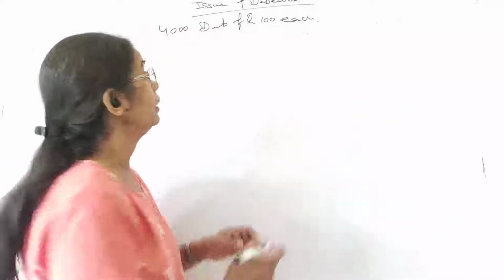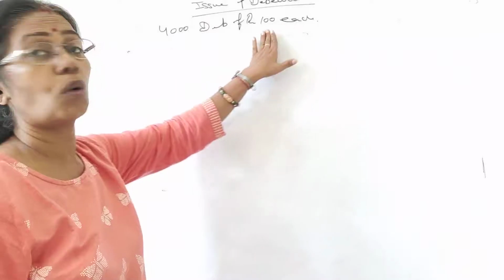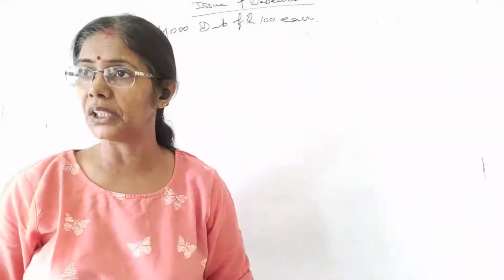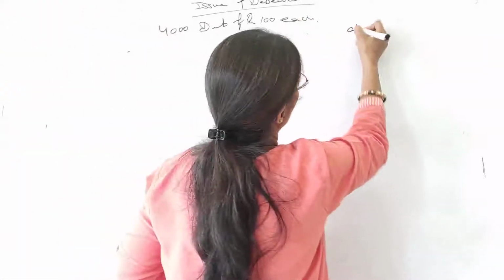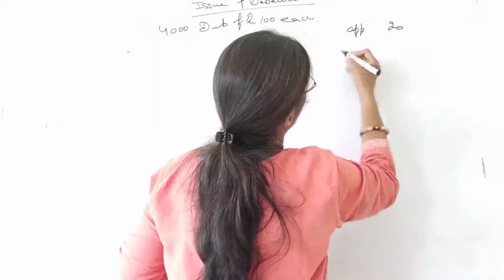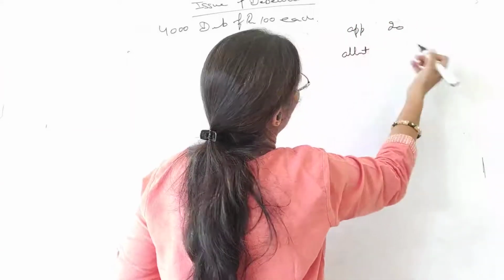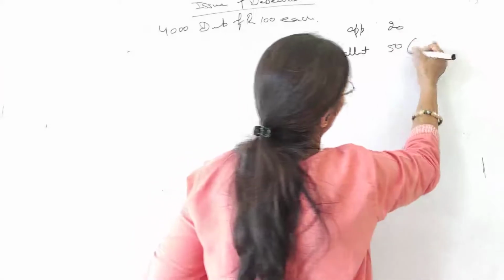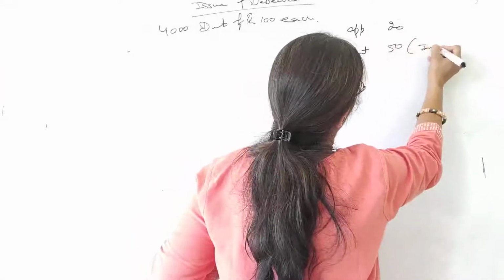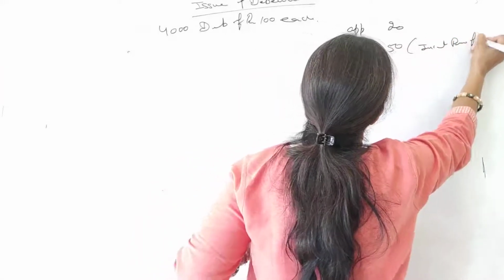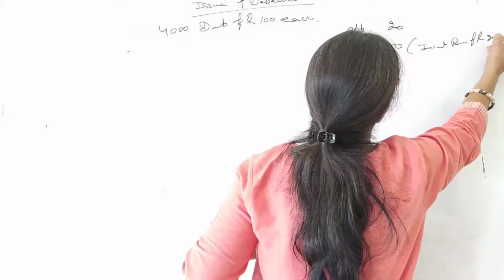4,000 debentures of rupees 100 each. Application 20 rupees, allotment 50, including premium of rupees 20 per debenture.